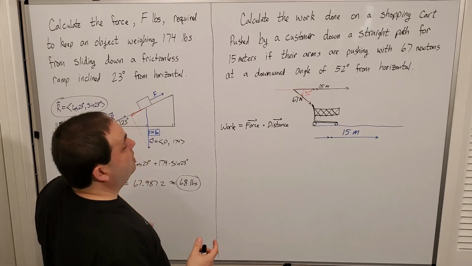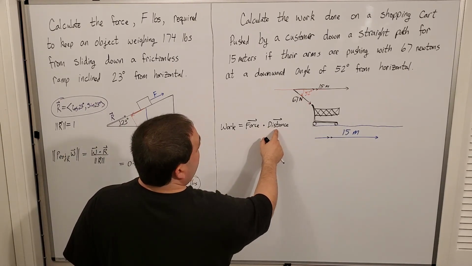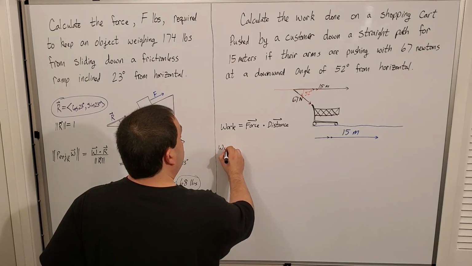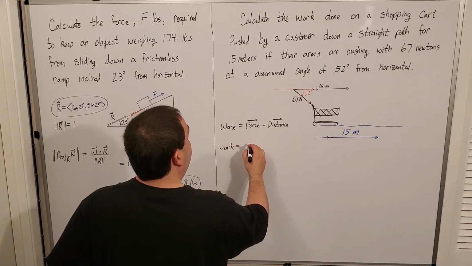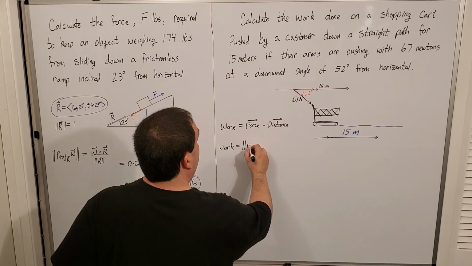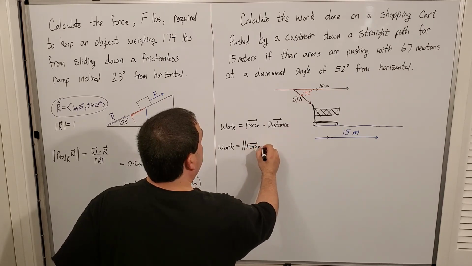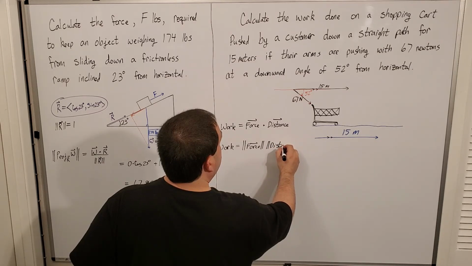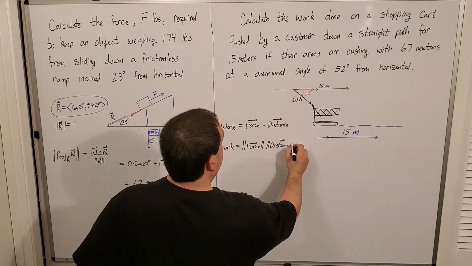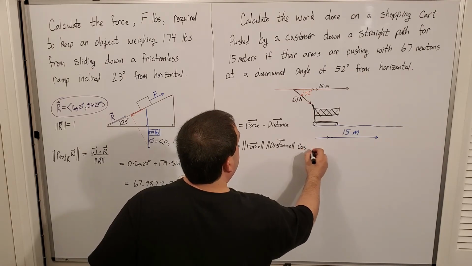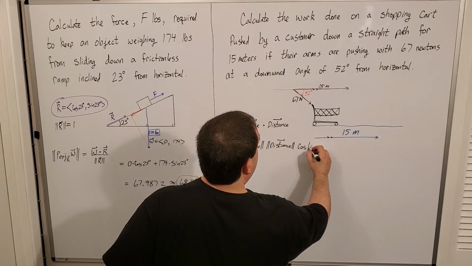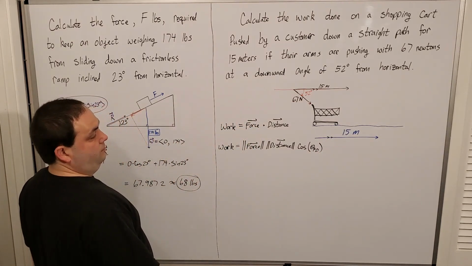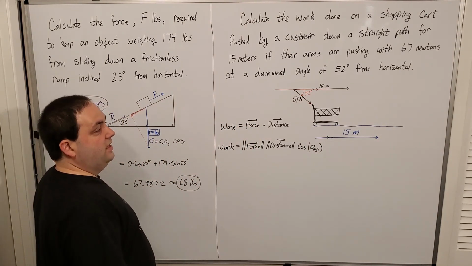Okay, so my shortcut is this. Anytime you want to dot two vectors, another way to do this could be that I could take the magnitude of the force vector times the magnitude of the distance vector times the cosine of the angle in between them. I'll just do FD for the theta there. And that's exactly the information we have.